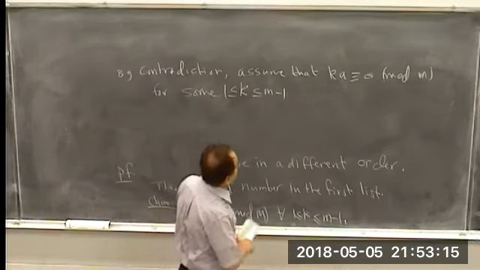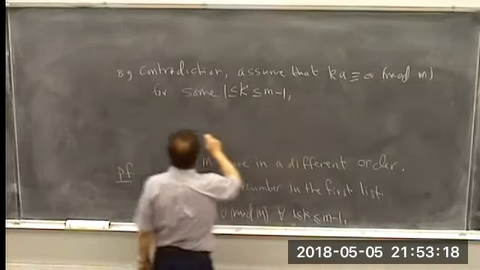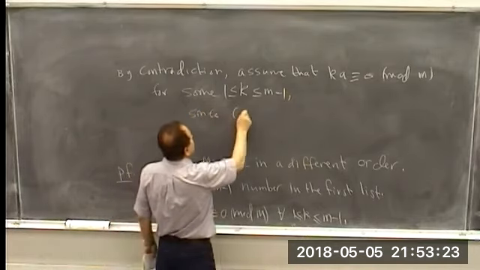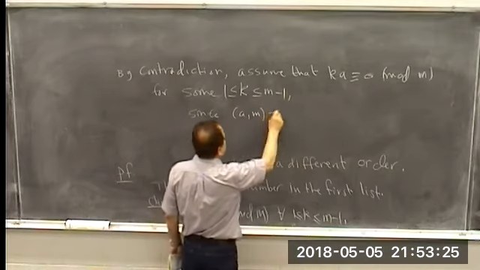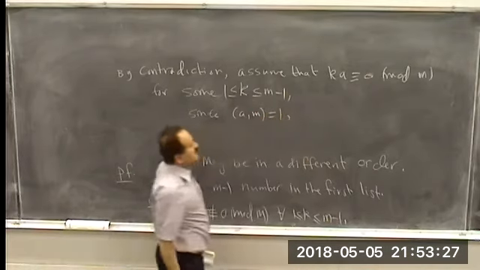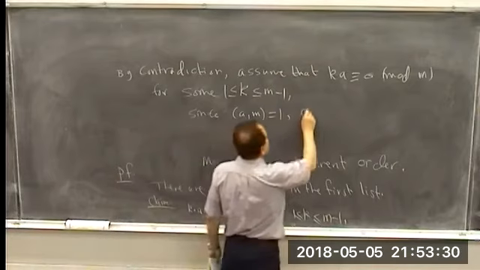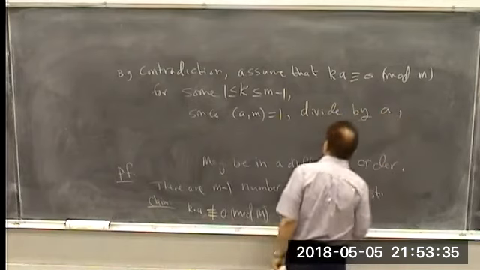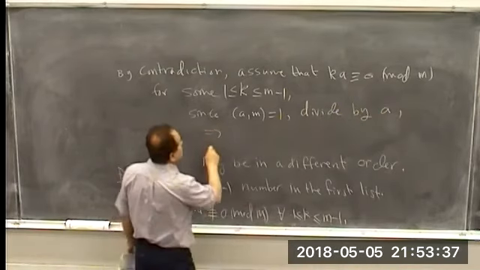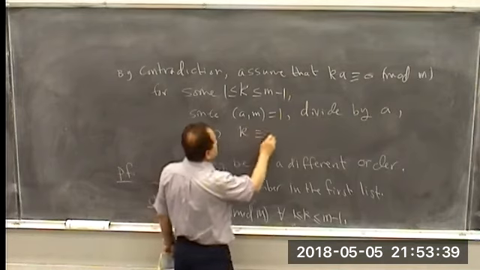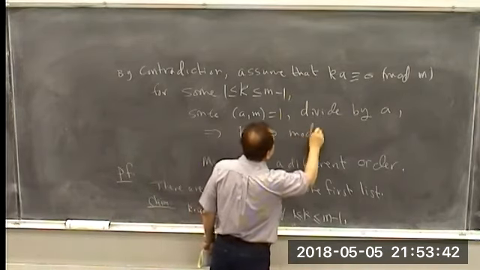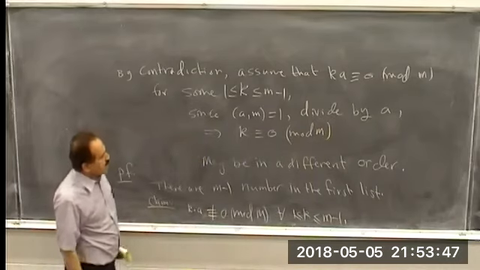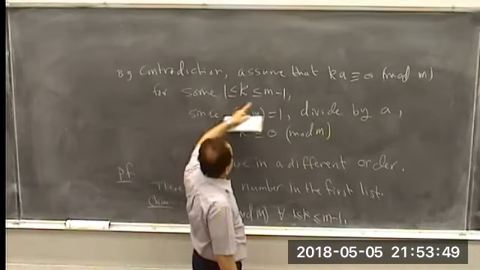Well, now since A and m are relatively prime, we can divide by A, and this would imply that k is congruent to 0 mod m for that k between 1 and m minus 1.